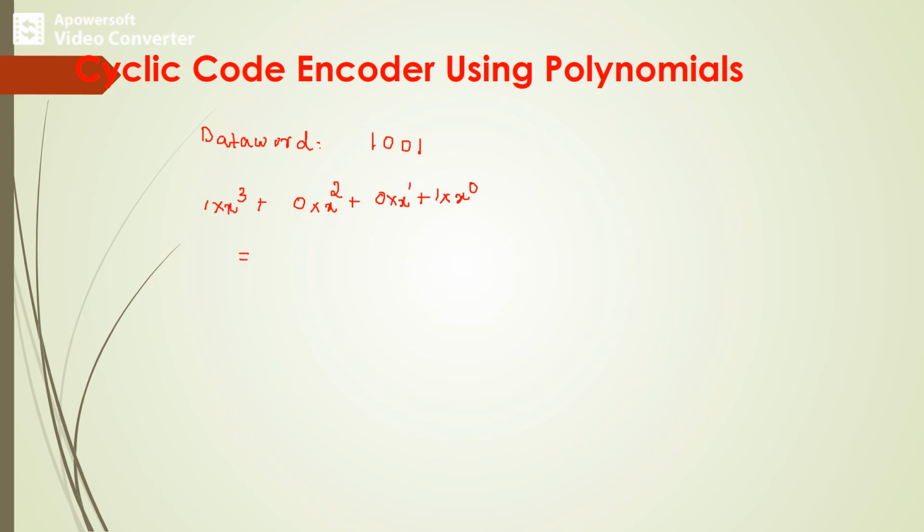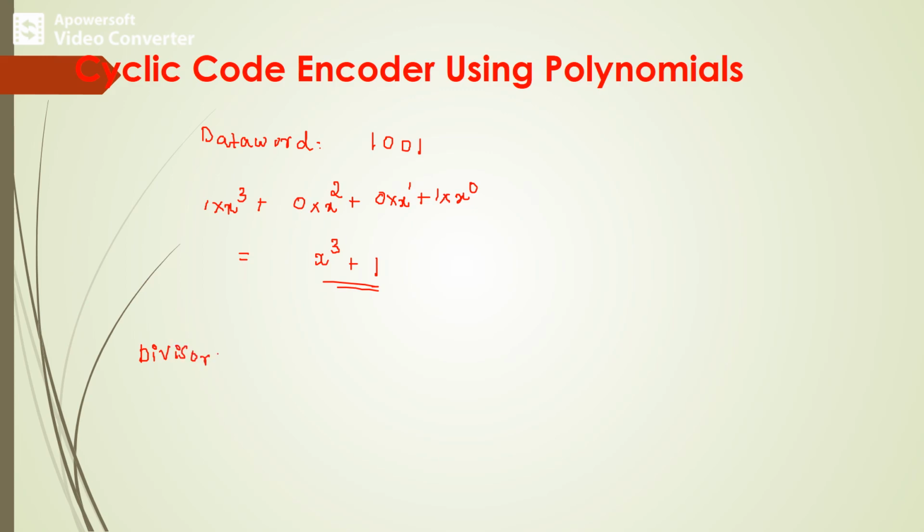On simplification, we can represent this data word as x power 3 plus 1. So the data word 1001 can be represented in terms of polynomial as x power 3 plus 1.